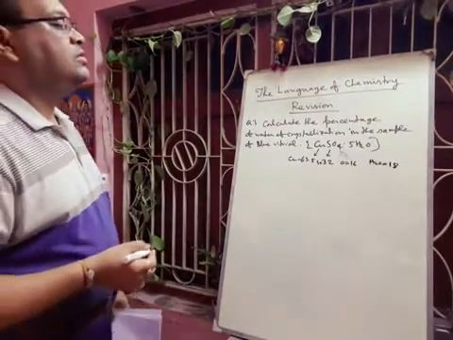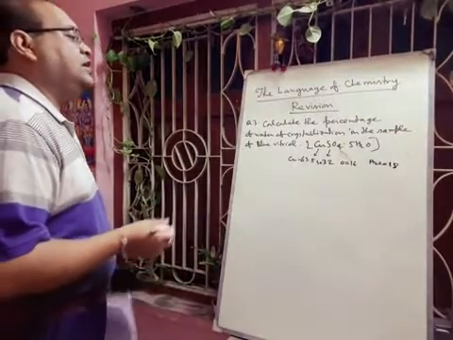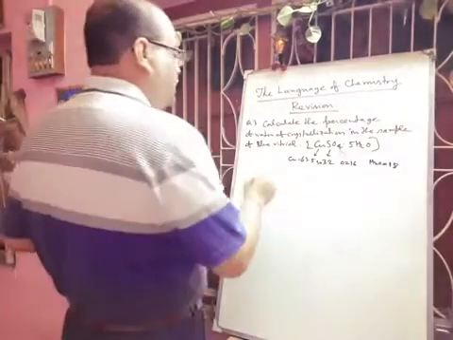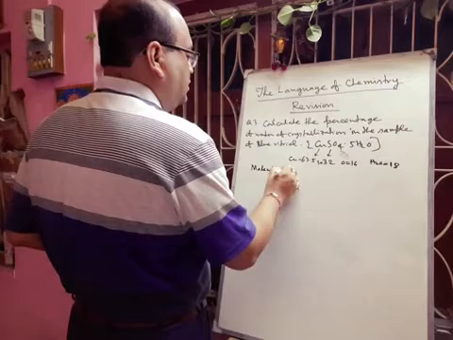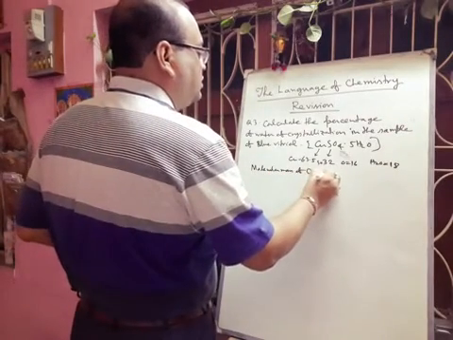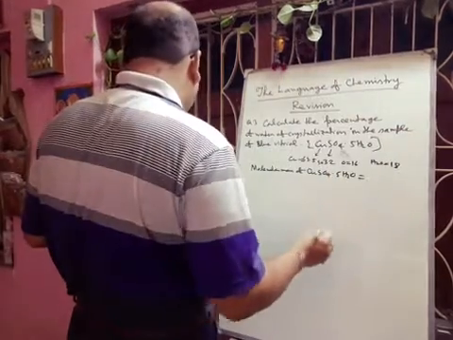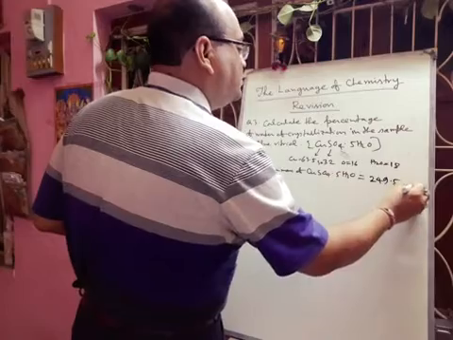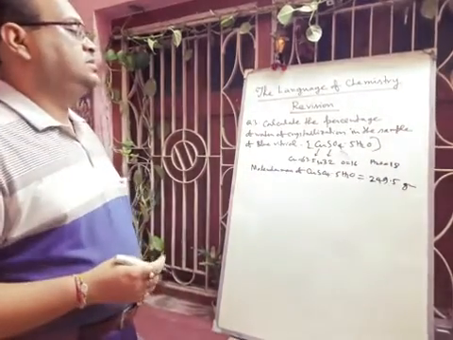Now if you add these, you will get the molecular mass of CuSO4 dot 5H2O, that is 249.5 gram. So here we are converting that mass into gram molecular mass.